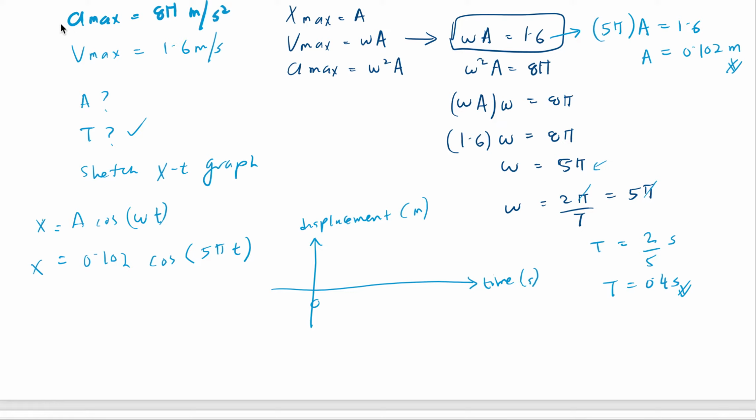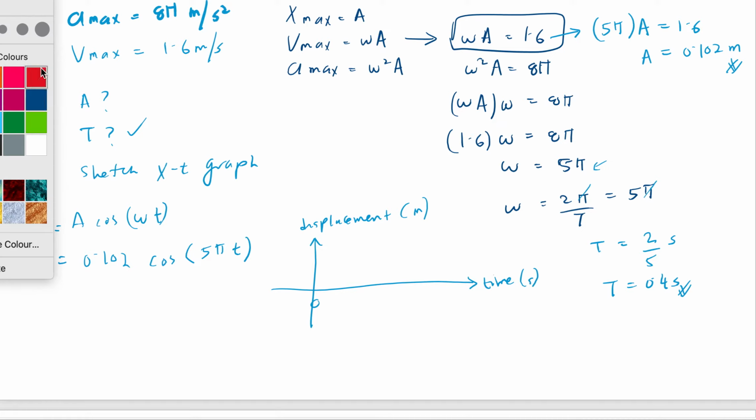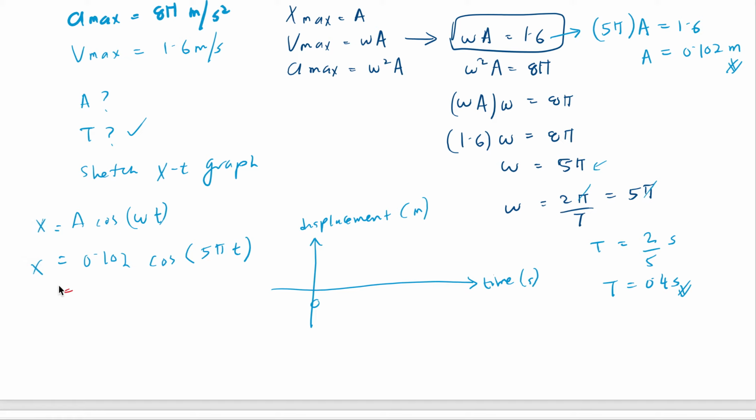And then I'm going to use red for this. At time 0, cosine 0 is 1. So at time 0, x is 0.102. Then I want to divide this into t and 2t.